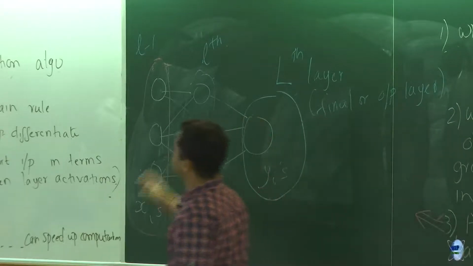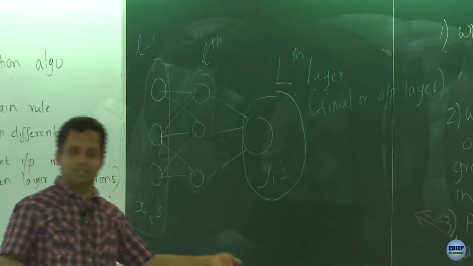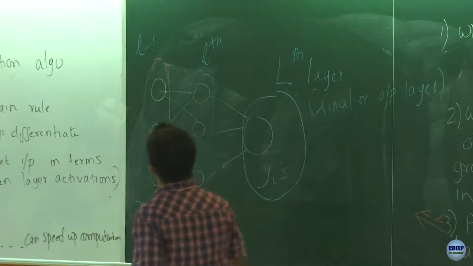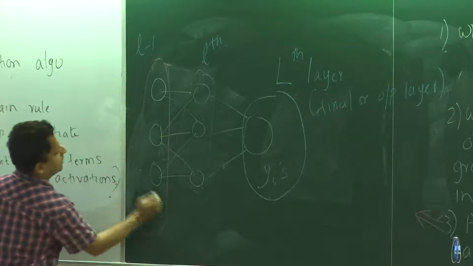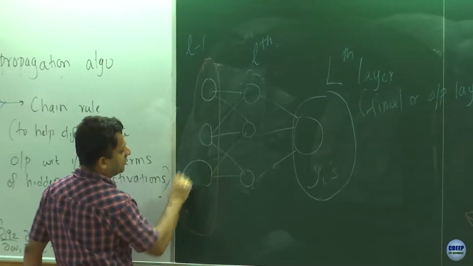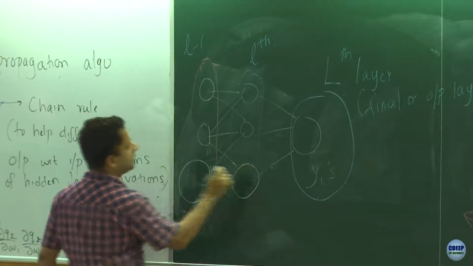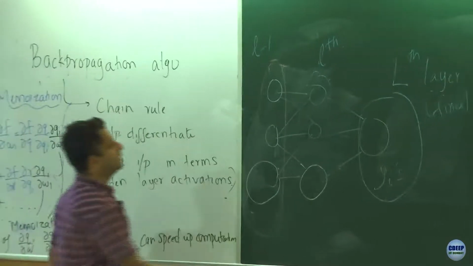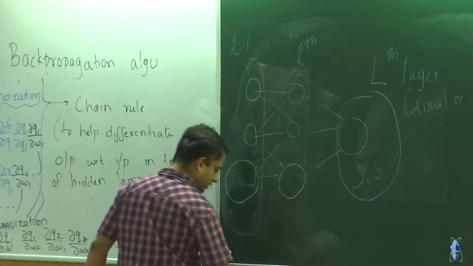Now how are these layers connected? They are connected through sums of weighted activation units from the previous layer. Let me show an arbitrary activation unit here, and let me show it in bigger size. This is also another arbitrary activation unit on the Lth layer. This is the Lth layer, this is the L minus 1th layer.